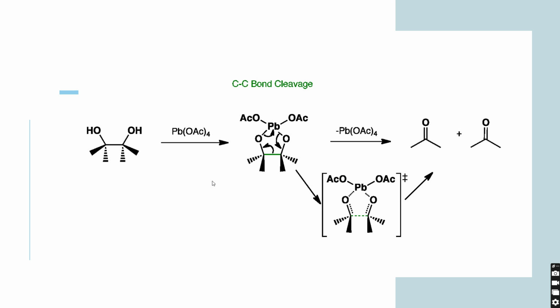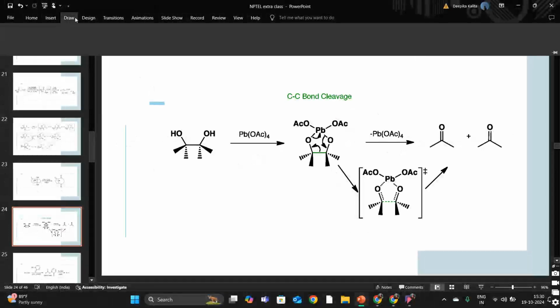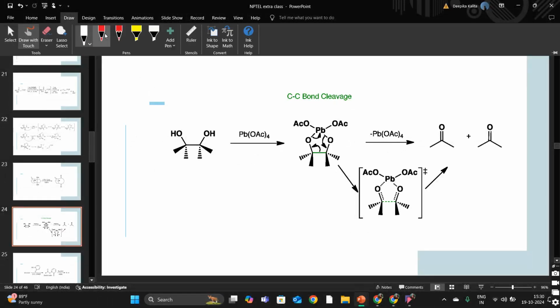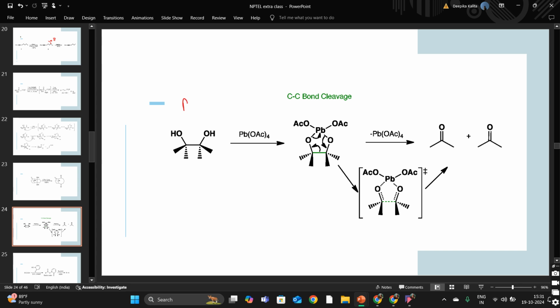What happens at first is that the lead center of lead tetraacetate is going to form a 5-membered ring intermediate by reaction with this diol. How this happens we have already seen in the tutorial or video lecture.